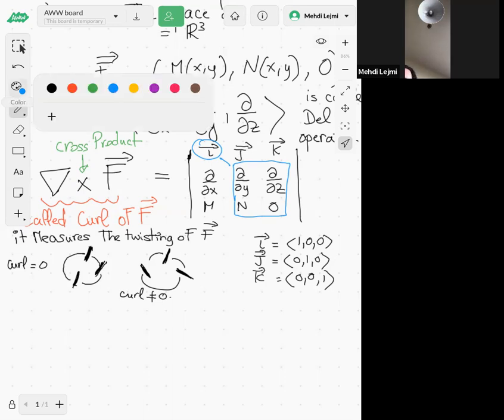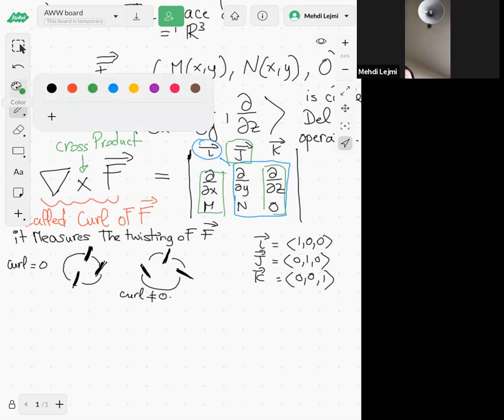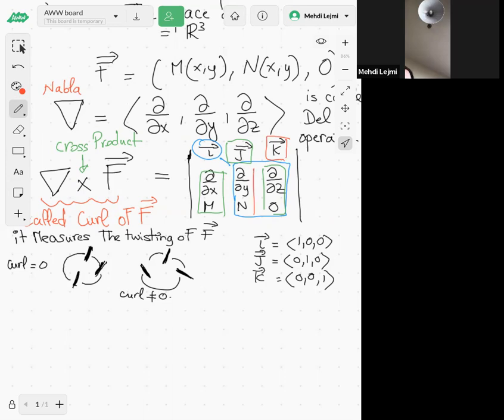Anyway, and then you have plus, you take this here, then you have to multiply by the determinant of this matrix here, right? And then there's k, multiplied by this here.